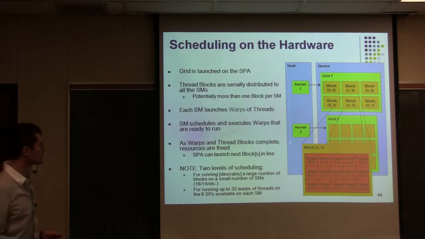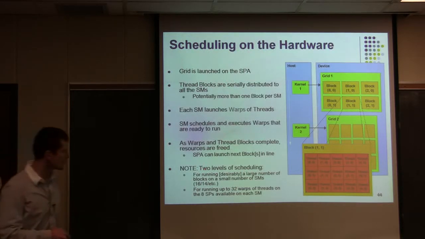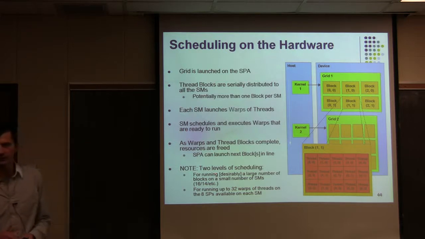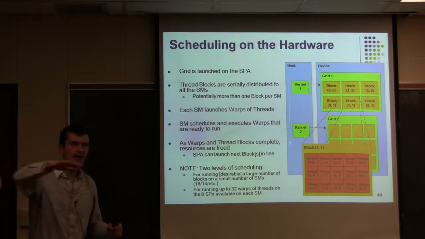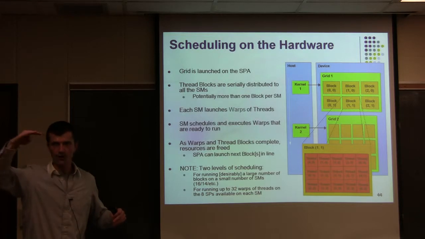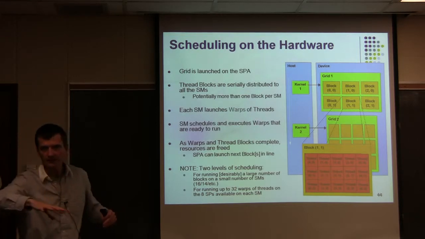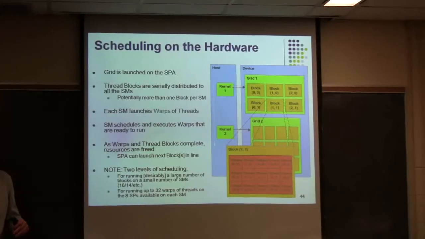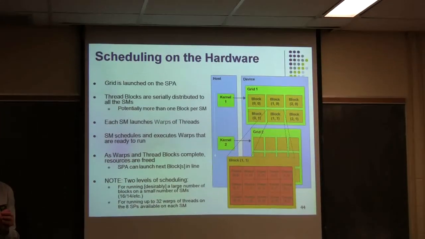So you have 2 levels of scheduling here. At the higher level, you schedule the blocks on SMs. This is one level of scheduling. The second level of scheduling is when you schedule the warps.